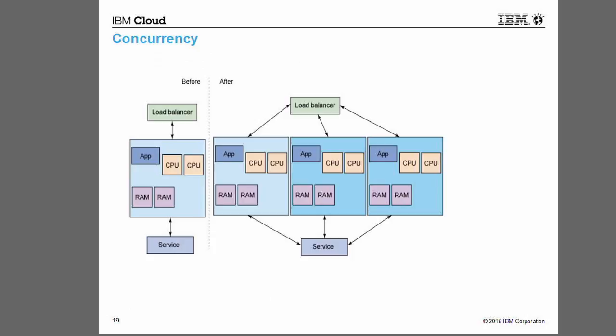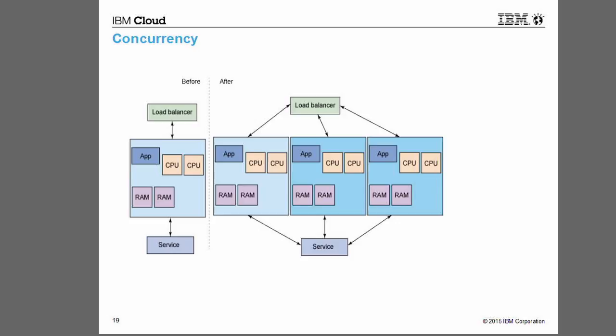Looking at this screen for concurrency, the first screen on your left-hand side shows the CPU and RAM used by an application. After the auto-scaling has been applied in Bluemix, the instances of the application are scaled by our auto-scaling service.